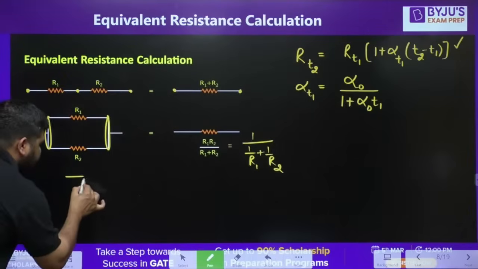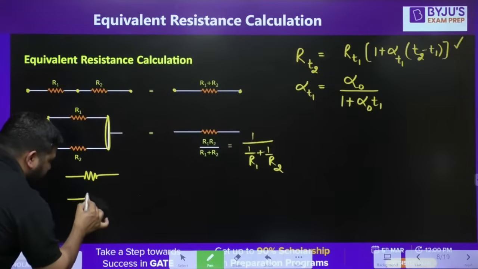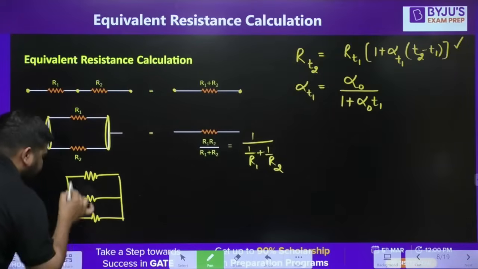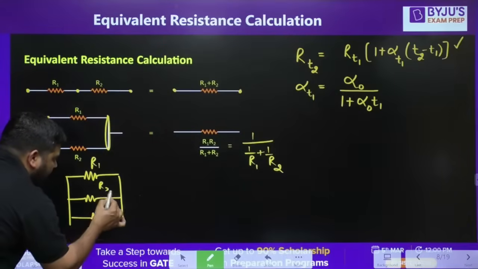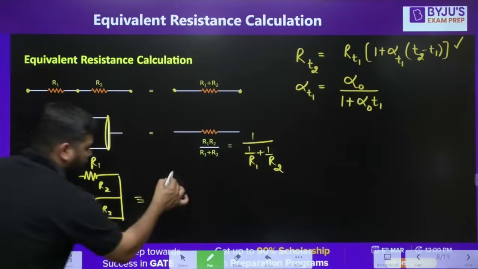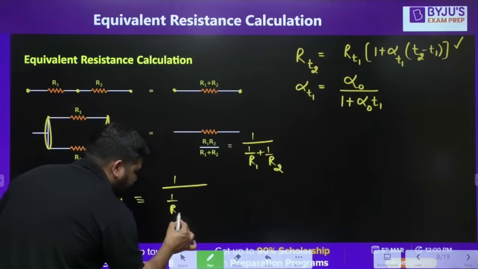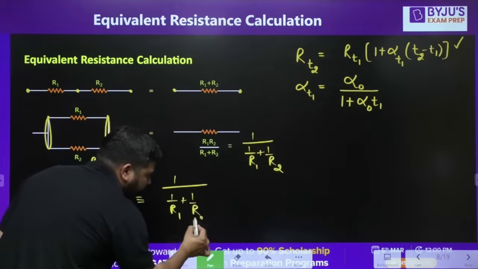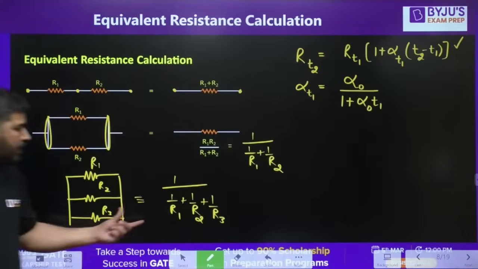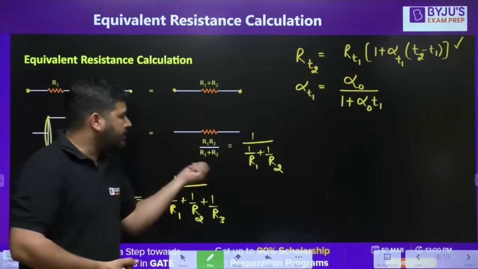Now let's say there are three resistances in parallel, R1, R2, R3. How to calculate their equivalent? Their equivalent will be equal to 1 upon 1 by R1 plus 1 by R2 plus 1 by R3. Okay, you can write it like this. क्योंकि ज्यादातर स्टूडेंट को इसी में कंफ्यूजन रहता है.